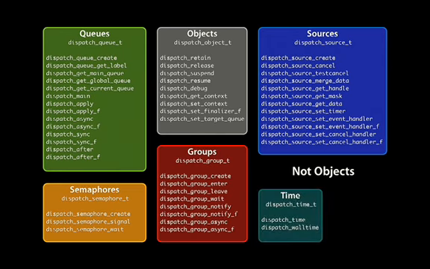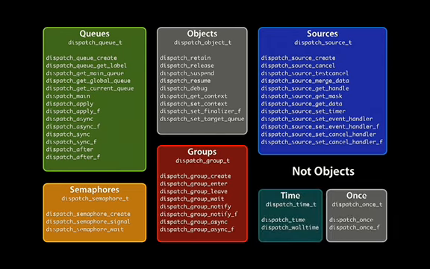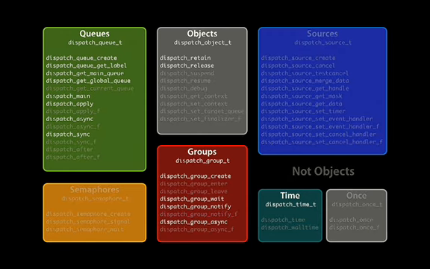We have a concept of time in GCD, and we have a concept of running a block once, and only once, for the lifetime of a process. However, in this talk, we are only talking about a few object APIs, a few queue APIs, a little bit of groups, and time. The rest of this will be covered in the in-depth talk tomorrow.